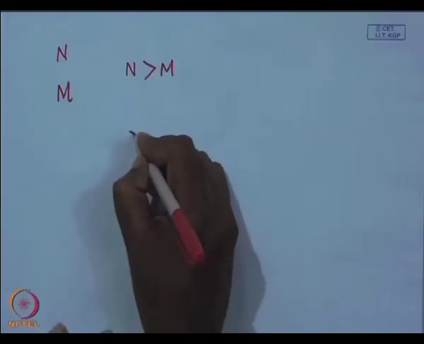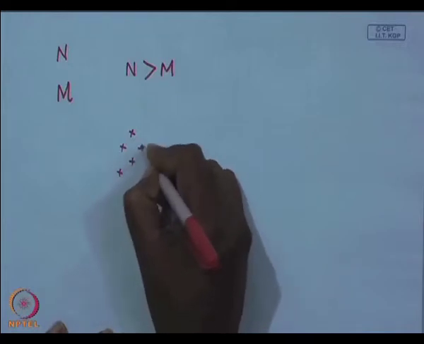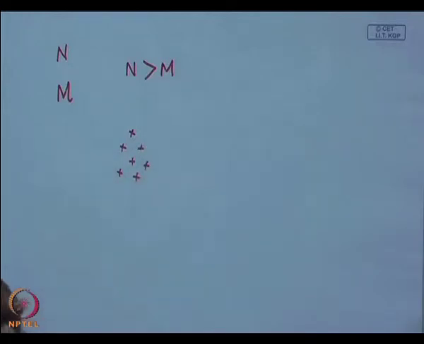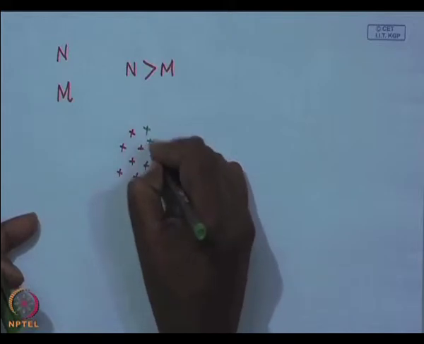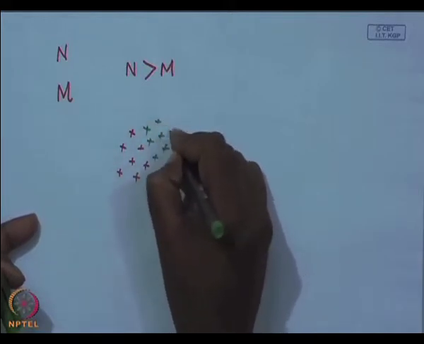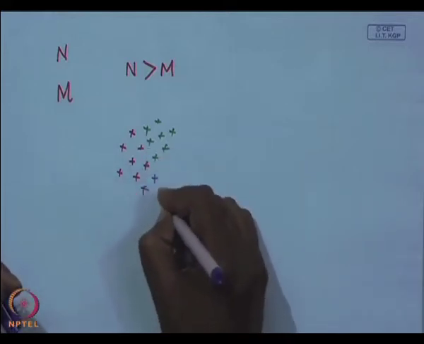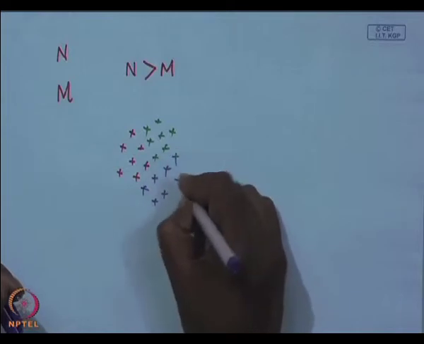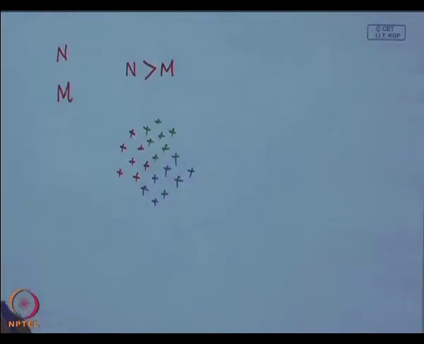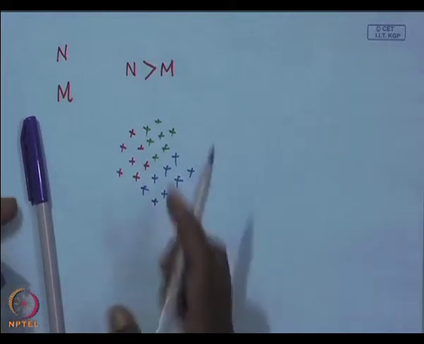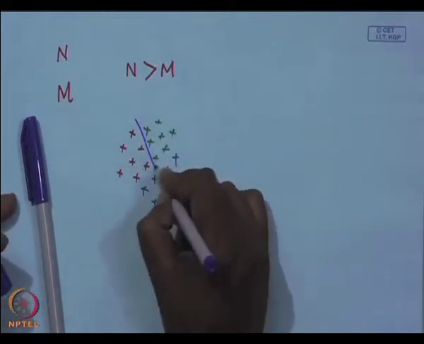So, the ith cluster represents the receptor of the ith radial basis function. The situation is something like this. If I have a set of feature vectors, these are the feature vectors belonging to different classes. Typically, what I do is cluster these feature vectors into 3 different clusters.